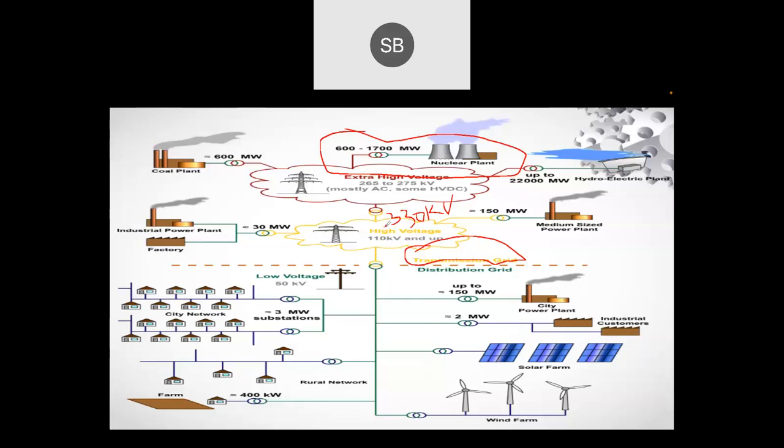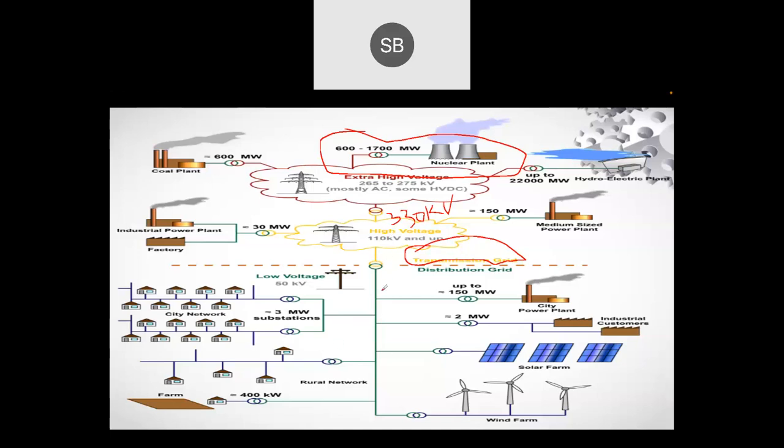Because when we transmit electricity at very low voltage, the losses increase, and because of that the transmission efficiency decreases. To avoid that, we step up the voltage after it comes from the power plant and then transmit it.